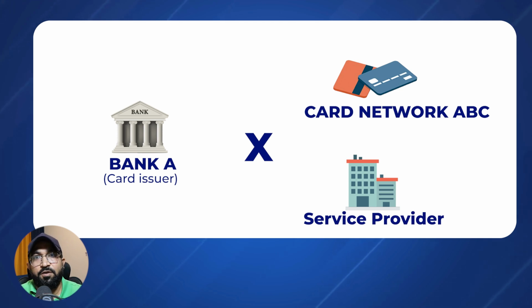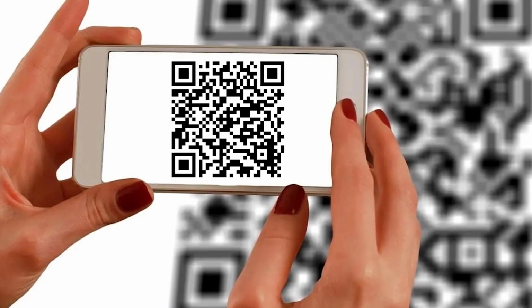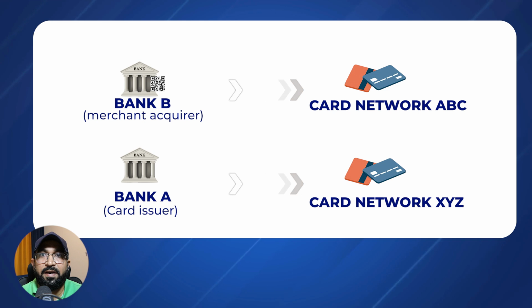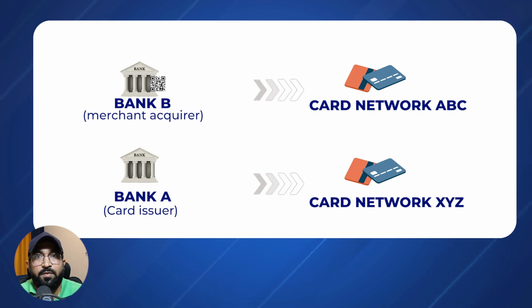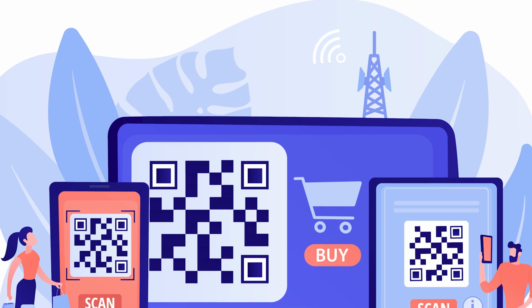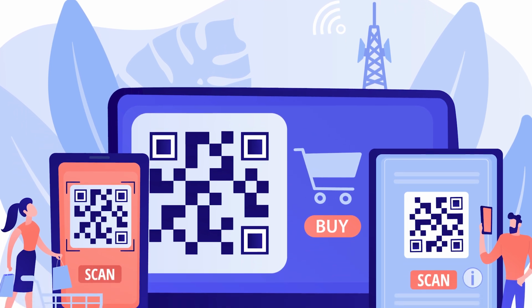Now you're scanning a QR code that belongs to card network ABC. Okay, it doesn't belong to card network XYZ. The moment you scan the QR code, the issuer bank application will send the transaction to the switch, the issuer processor. It will check the AID and will simply fail to identify it, because they are connecting with XYZ, but they are not able to identify this QR code because they are not connecting with the respective card network.